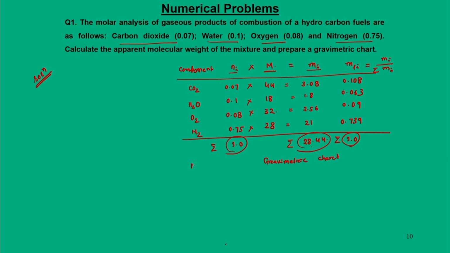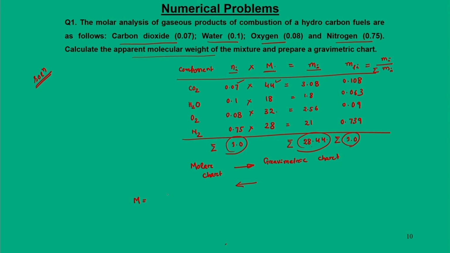That means we converted the molar chart to a gravimetric chart. Now, if data is given in gravimetric form, we can get back to the molar chart as well. Now, what is left is the apparent molecular weight, which we can calculate. We know each of these molecular weights and their number of moles.